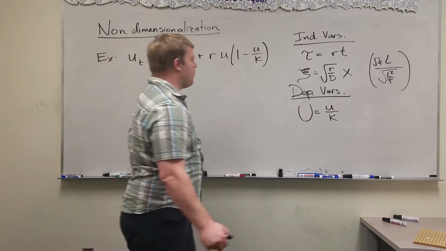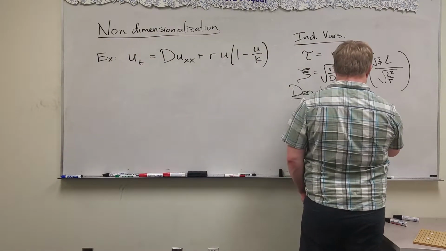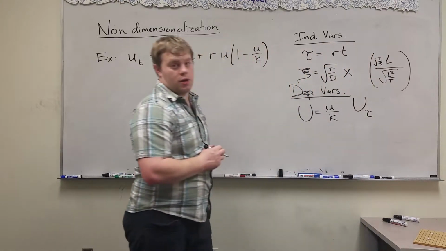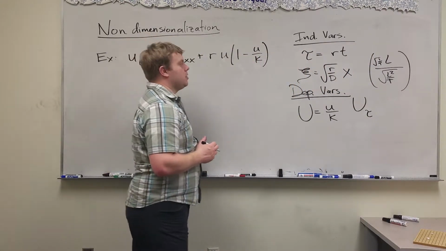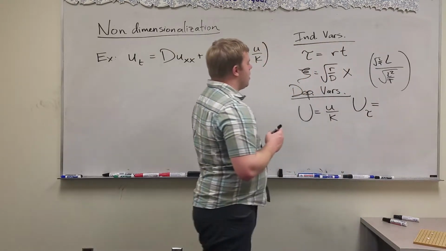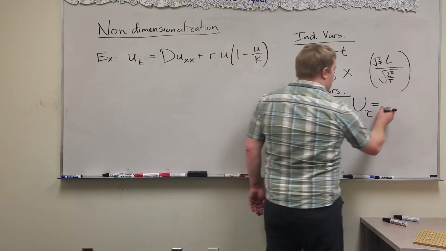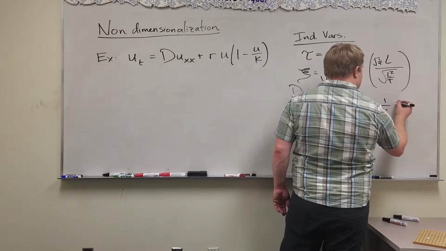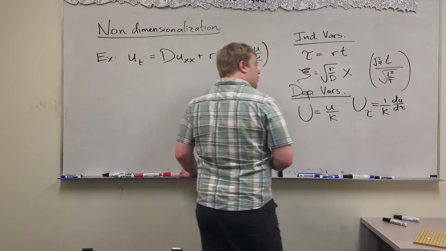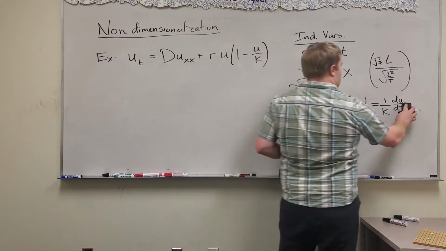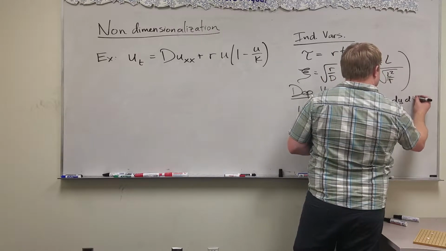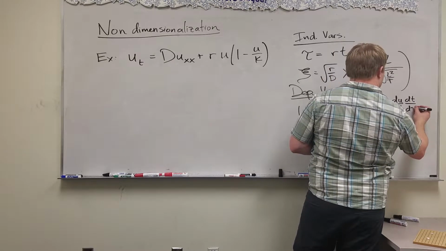Well, let's see, before I do that, I would like to figure out the derivatives of big U with respect to my dimensionless independent variables. So for example, U tau, this is going to equal 1 over k times du d tau, but from the chain rule I can just write du d tau as du dt times dt d tau.